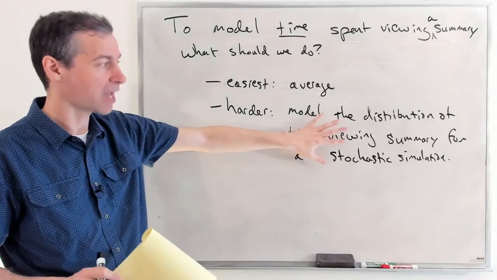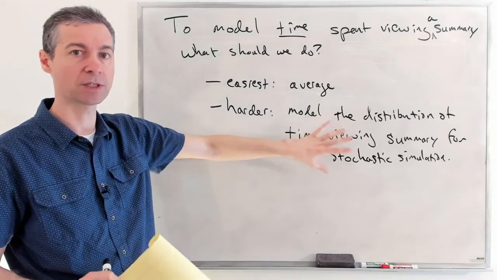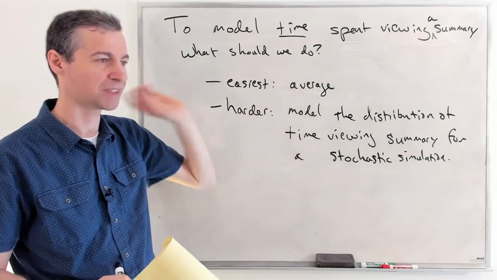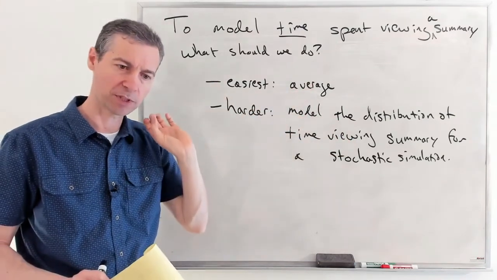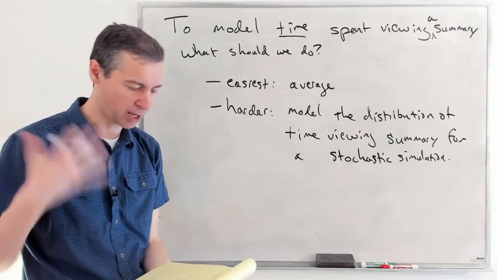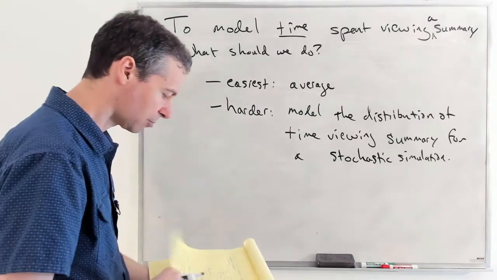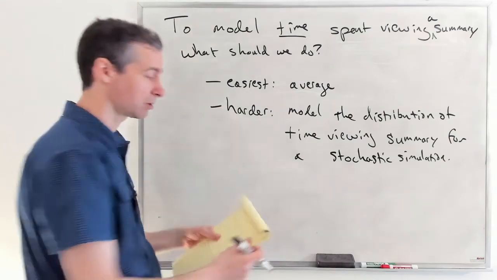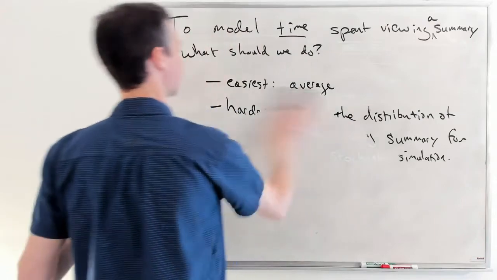And we should probably actually consider this as we simulate. We shouldn't fool ourselves that things are precise. Oh, people spend an exact amount of time per summary. Obviously they don't. It varies, and so we should capture that variance in our models. But what we're going to do today is keep things simple. So we are going to look at producing just an average.